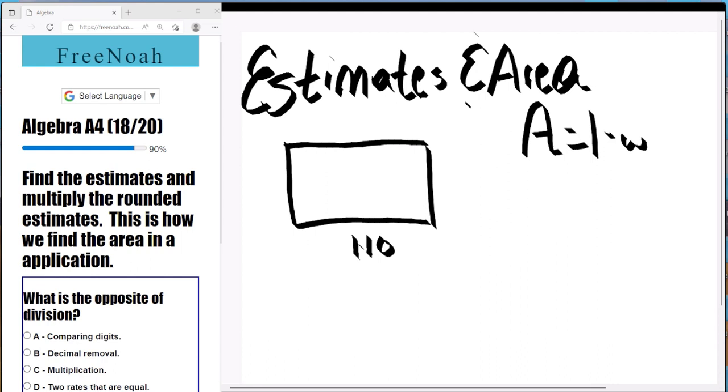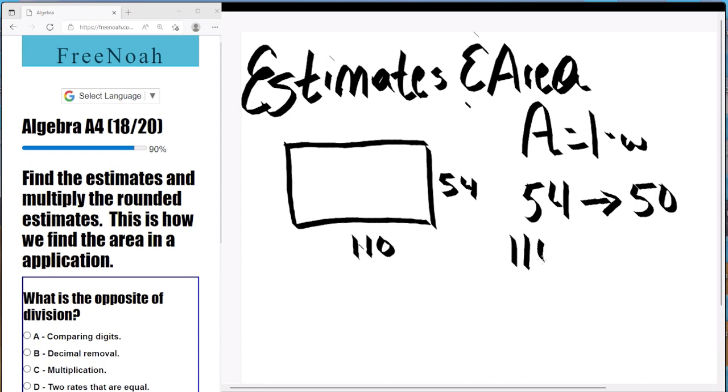Let's write 110 as our width, and as our length we're going to write 54. So for an approximation, we're going to be rounding. 54 will round down to 50. 110 will round down to 100.